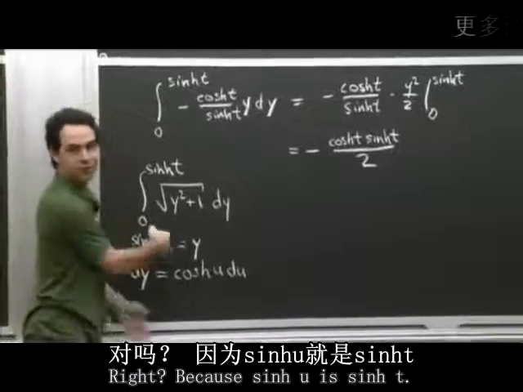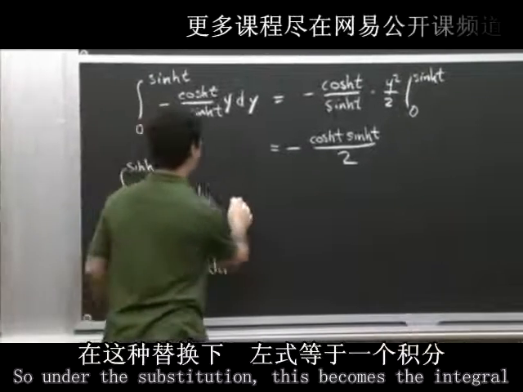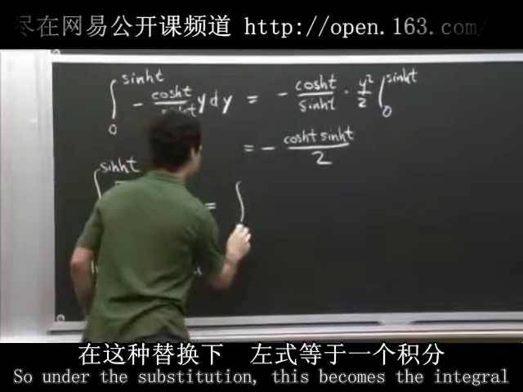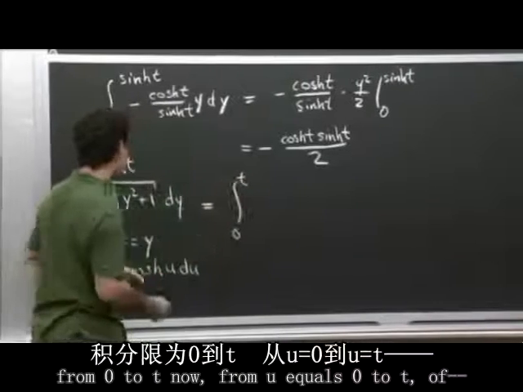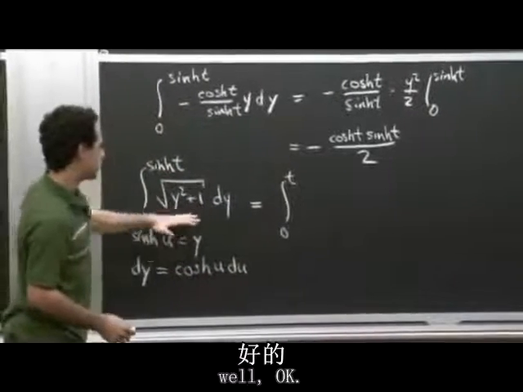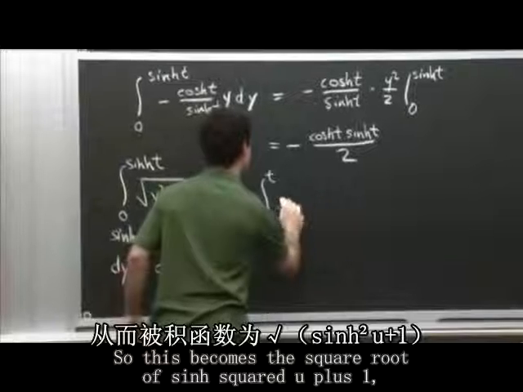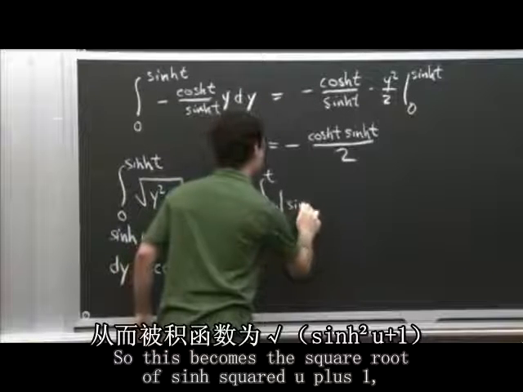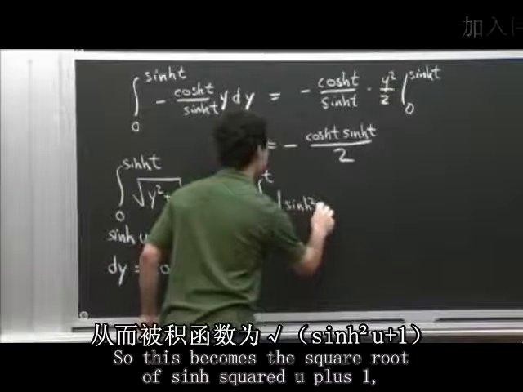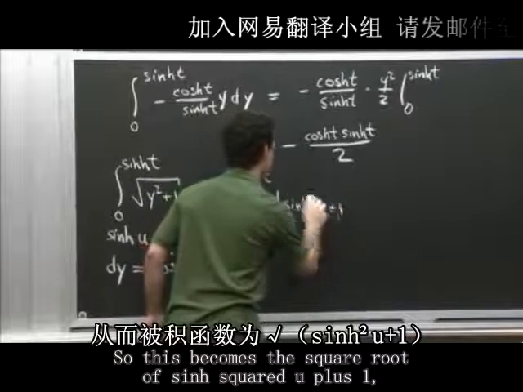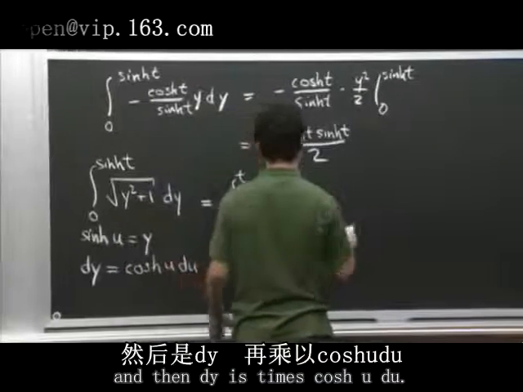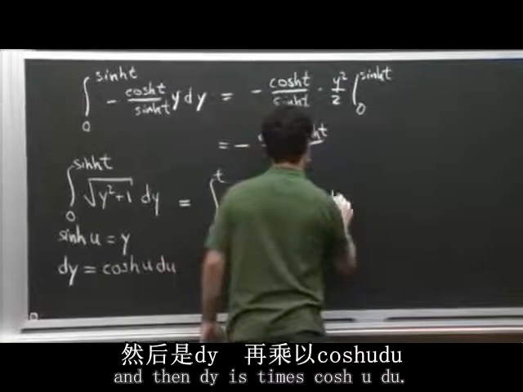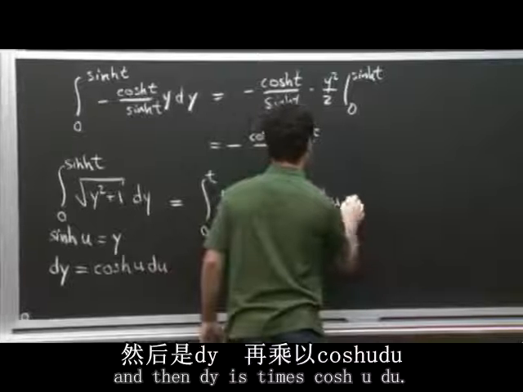Because sinh u is sinh t. So under the substitution, this becomes the integral from u equals 0 to t of the square root of sinh squared u plus 1, and then dy is times cosh u du.